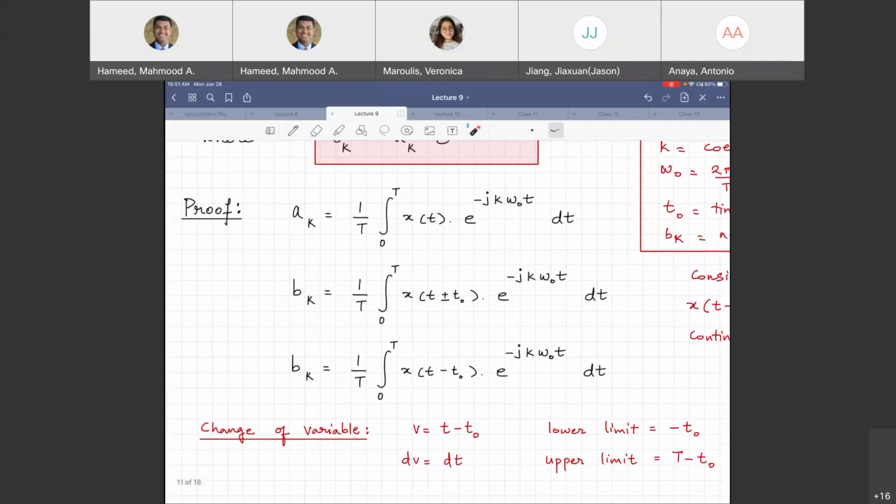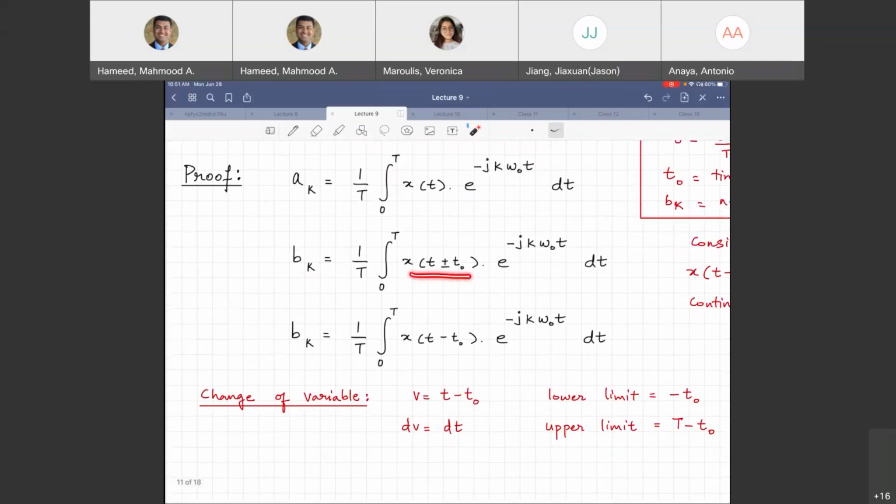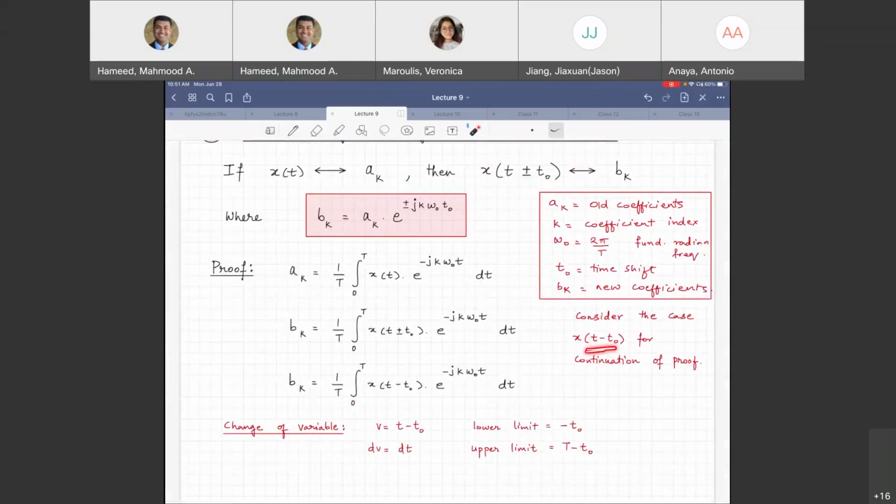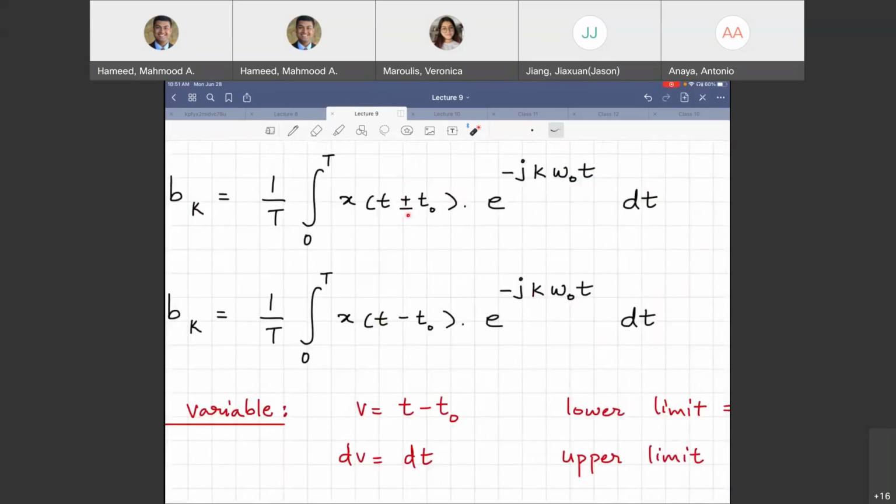Now, x(t plus or minus t_0), let's try to just do it for one case, x(t minus t_0). Because once we do this, you will see that the other case is going to be the same, just with the other sign. So let's limit this to only the minus so that we can continue with this proof.